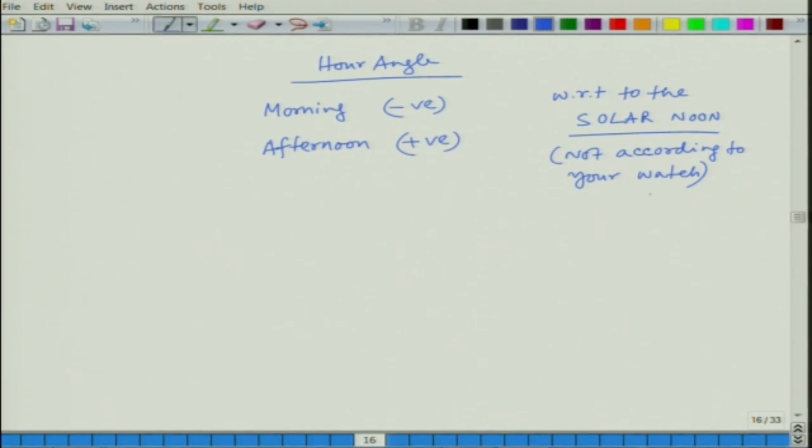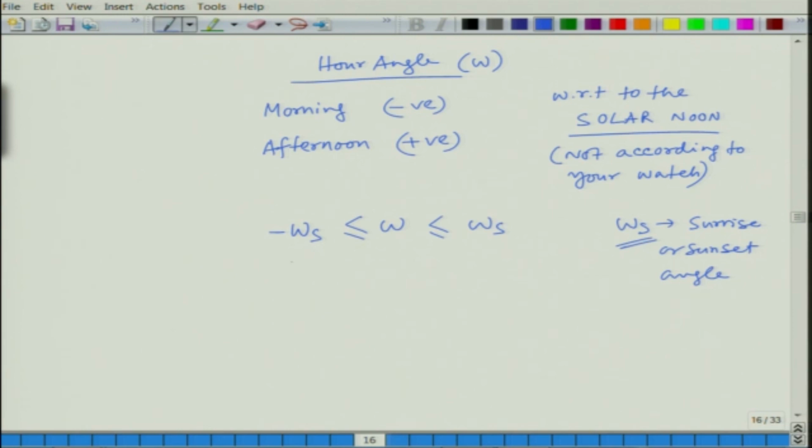With respect to the solar noon, if you are before that particular time, then your hour angle, which is designated with omega, will be negative, and if it crosses the solar noon it will be positive. And what would be the limiting value? That will be your sunrise or sunset angle. So, omega s is your sunrise or sunset angle.